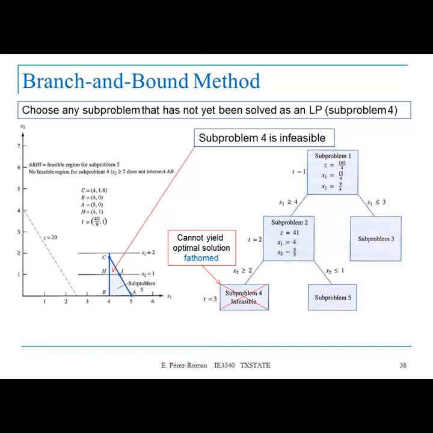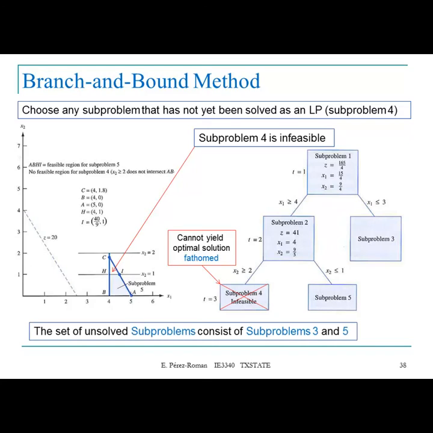So you can basically delete that box, saying that there will be no more branching in this area because you're guaranteed to not find an optimal solution. So let's call it pruning the branch. The set of unsolved problems consists of subproblems 3 and 5.